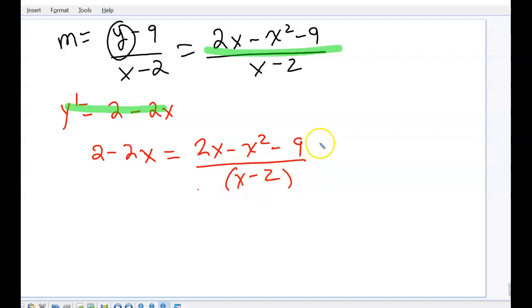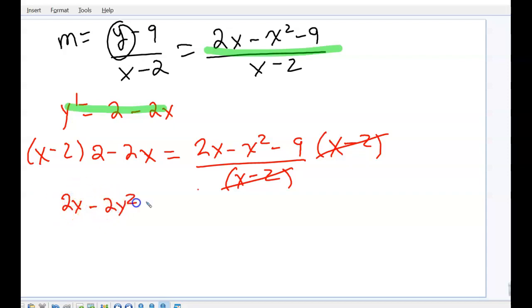Okay, so now I'm going to try to solve this equation. I'm going to multiply both sides by x minus 2, and distributing here I get 2x minus 2x squared minus 4 plus 4x equals 2x minus x squared minus 9. So now it's a quadratic equation.